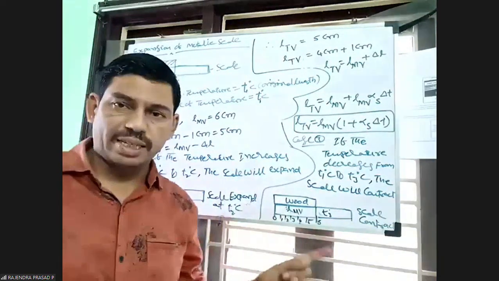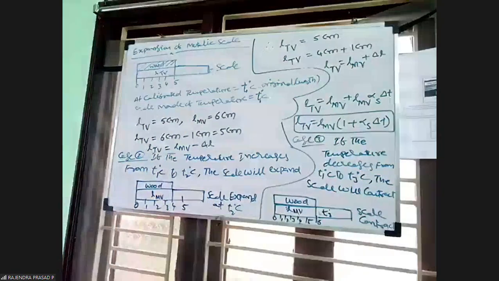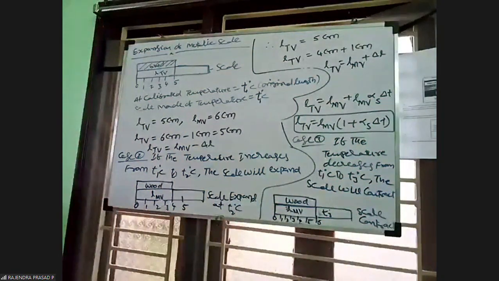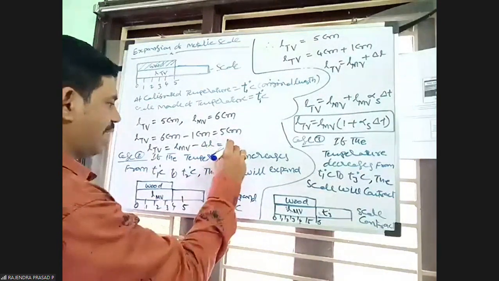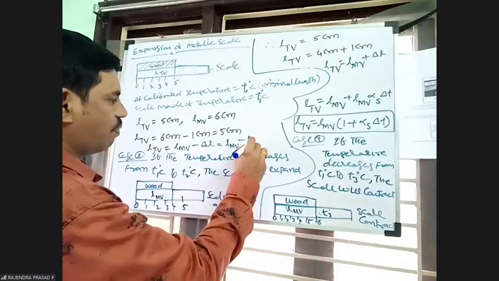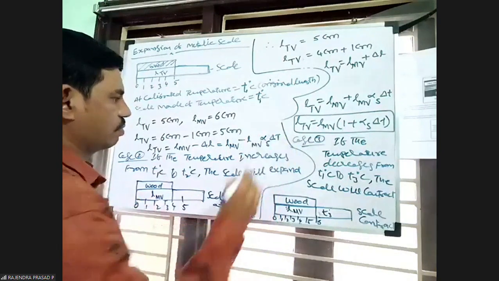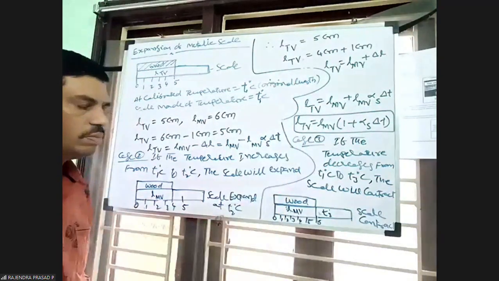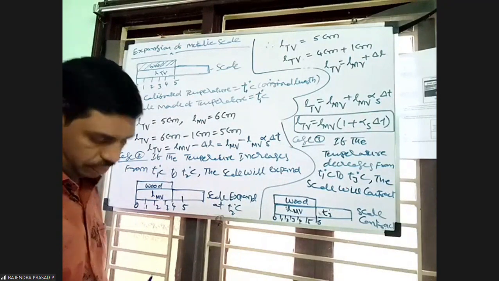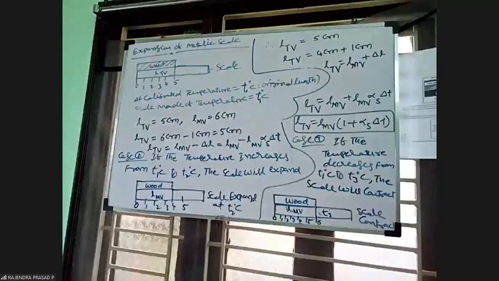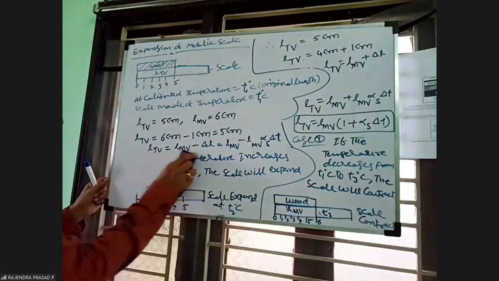When temperature increases, the error is added to the measured value. L true value is equal to L measured value minus L measured value alpha S delta T. Same, but the sign is different: minus there, plus here.